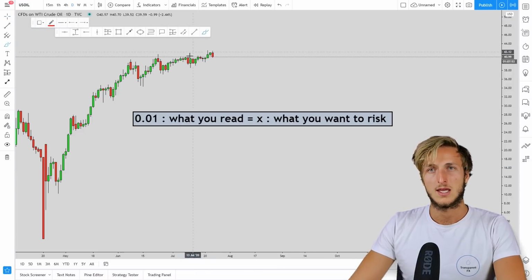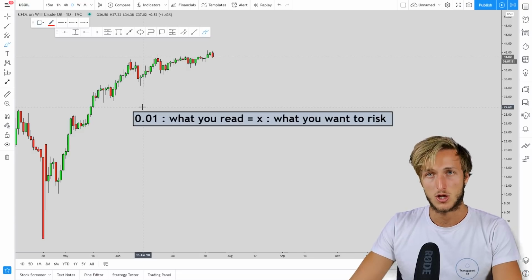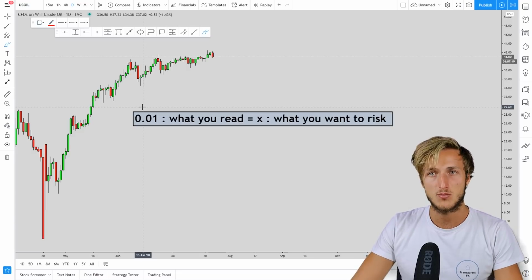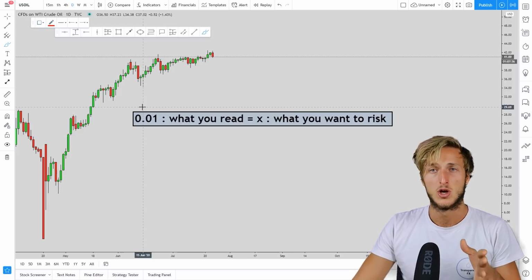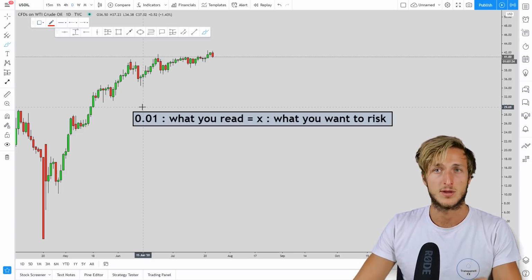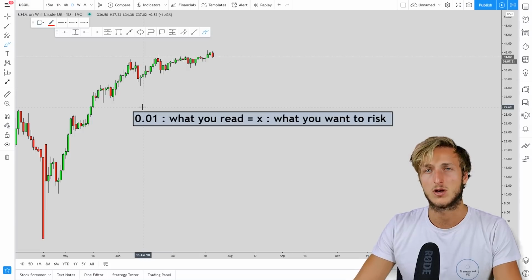What you need to do is enter a test lot on a demo account on the same broker that you have. Why is it important that the demo account is on the same broker? Because different brokers might have a different amount when it comes to lot sizes. For example, on some brokers, one lot will be 100,000 contracts.